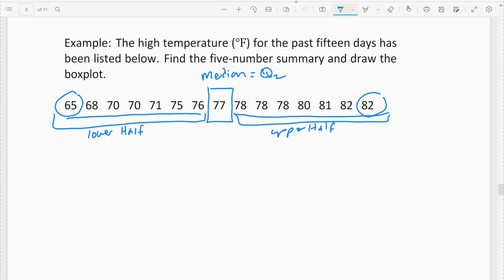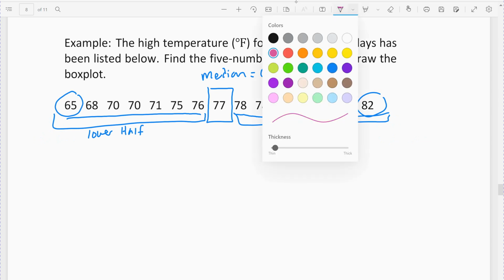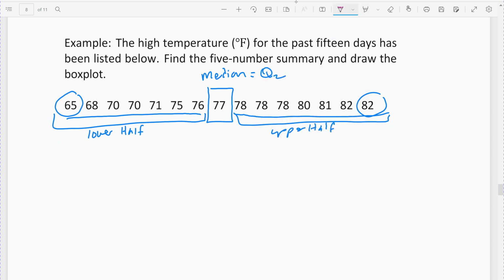Alright, so now in the lower half, I look to find the median of the lower values. So I'm just looking here at this set of 7. What's the middle number? Since it's 7, it should have an odd number, so you take 1 away because that's the middle number. So there should be 3 above, 3 below the middle number. And there is.